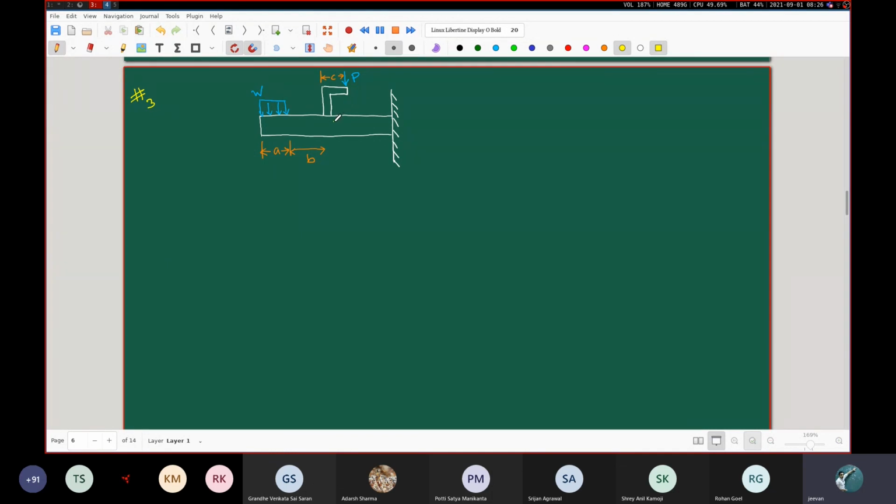Your job here is to find out the distribution of shear force and bending moment throughout the length of this beam. Now you tell me, and you will be able to answer this if you have gone through the first few pages of the textbook: how do I go about solving this problem? What do I do?